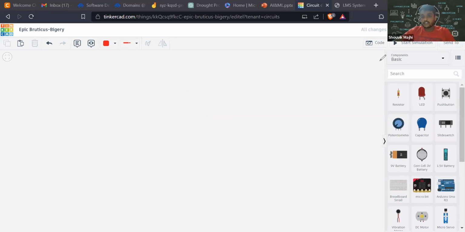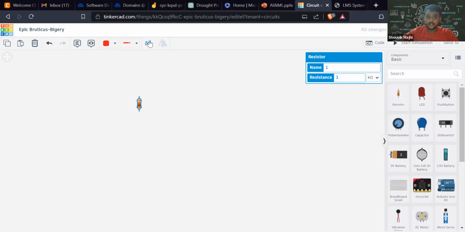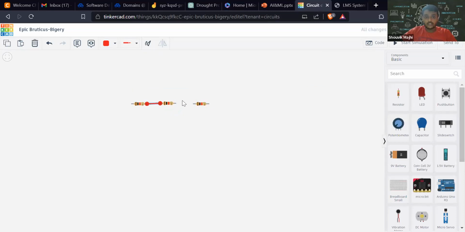For example, if this is a resistor, I want to connect it in series. For that, let us take it as 1 kilo ohm, another resistor of 1 kilo ohm, and another resistor of 1 kilo ohm, right? So this is what my connection should look like. These three resistors are connected in series. Now, how do we check that this is actually giving me 3 kilo ohms?